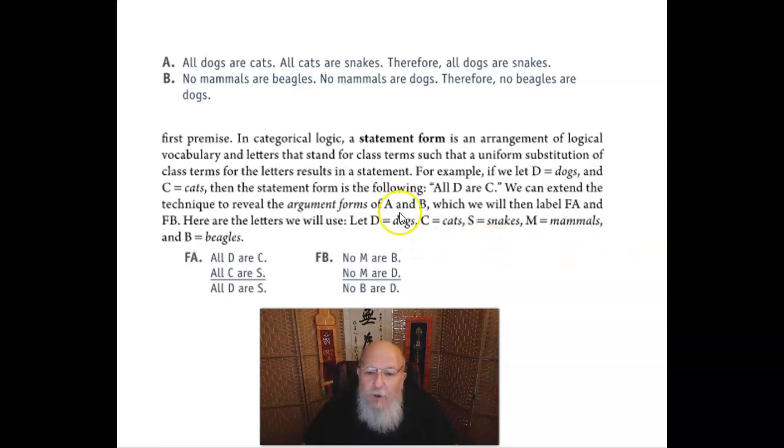Let D equal dogs, C equal cats, S equal snakes, M equal mammals, and B equal beagles. So that gives us all D are C, all C are S, all D are S. And for B, no M are B, no M are D, no B are D. And we can call this translating it into symbolic form.